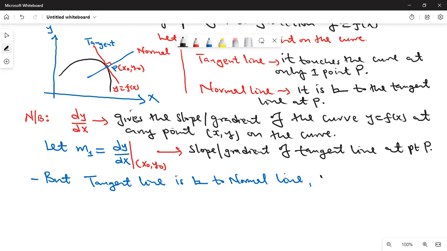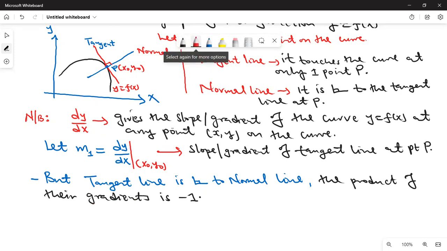That means the product of their gradients should be equal to -1. So if we let m2 be the slope or gradient of the normal line, then what can we say?